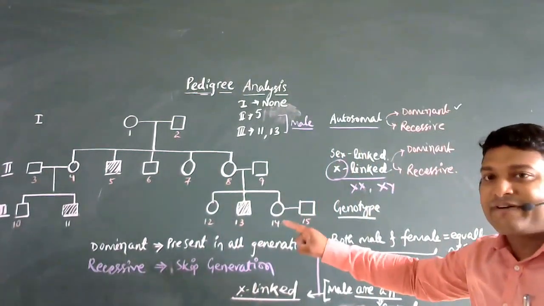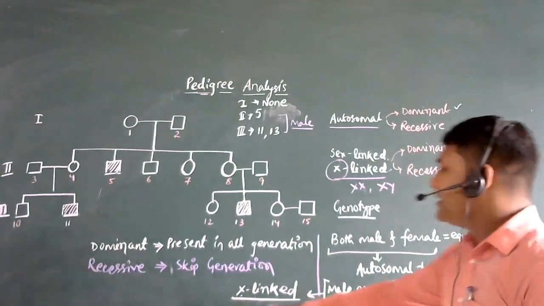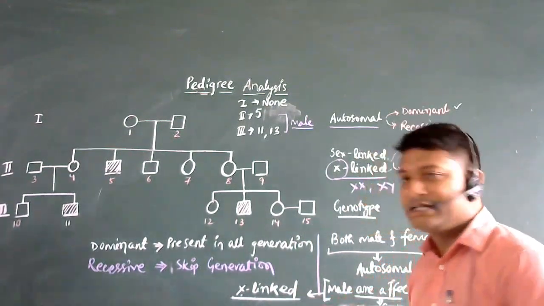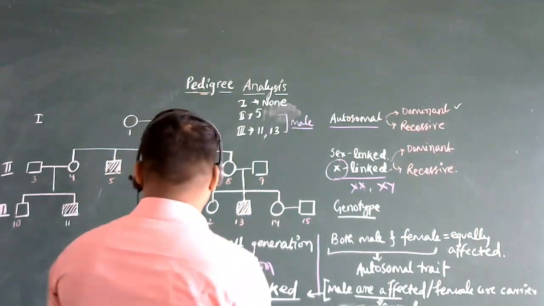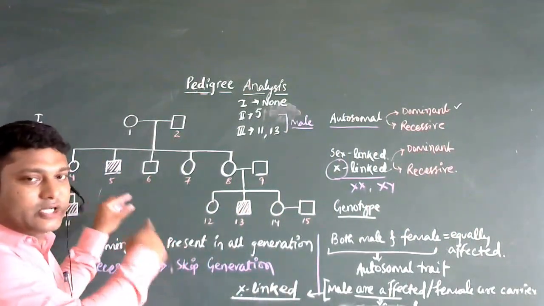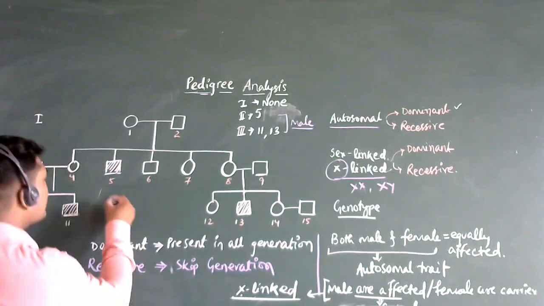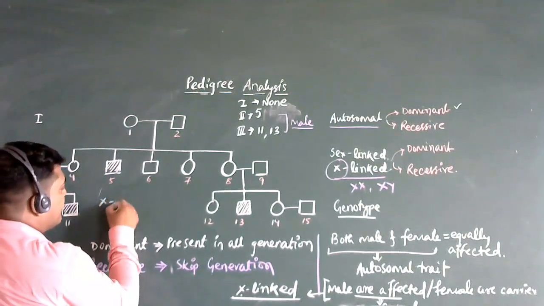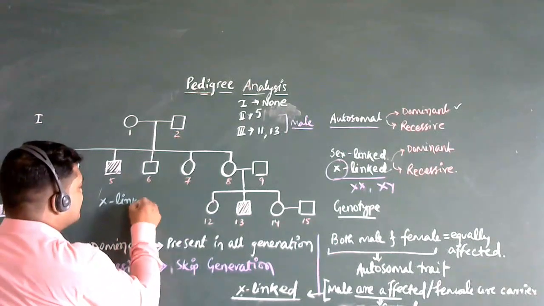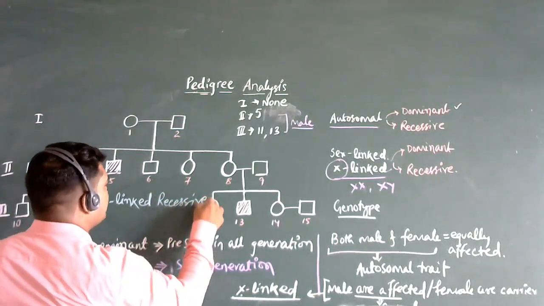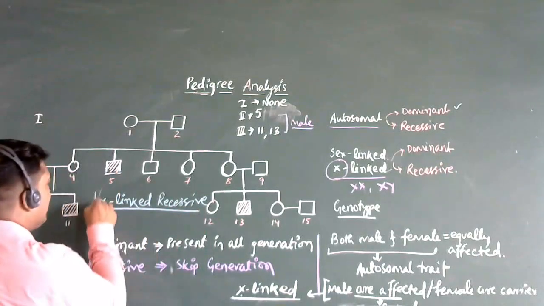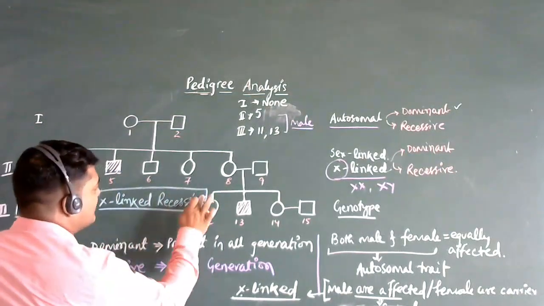So if only males are affected and the females are not affected, I'll go for the X-linked condition. In other words, to summarize this particular pedigree, it is going to be very simple: X-linked recessive. The trait is present in the X-linked recessive form.